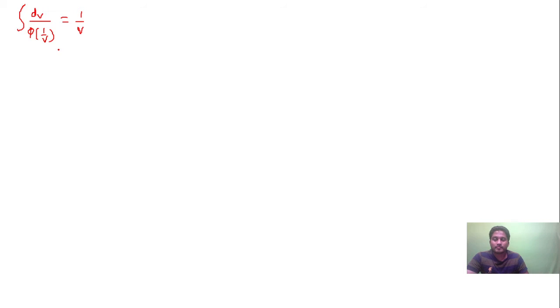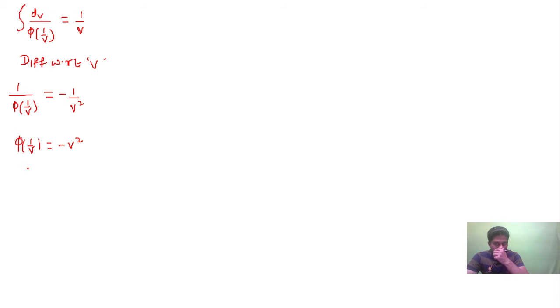Now if I differentiate with respect to v, this will be equal to 1 by phi of 1 by v is equal to the differentiation of 1 by v, which will be equal to minus 1 by v square. Now if I reverse this, phi of 1 by v is equal to 1 by minus v square.